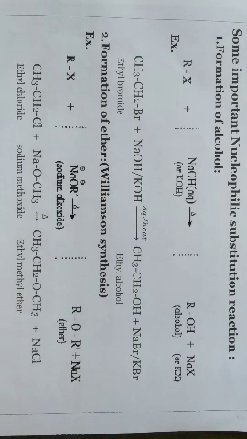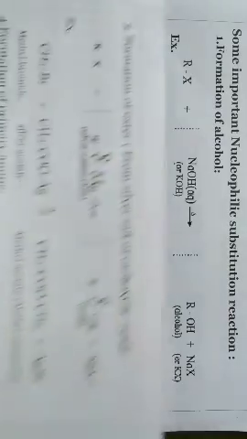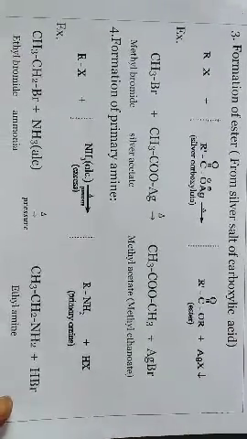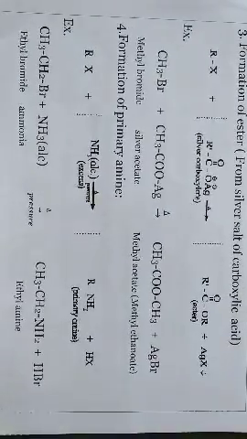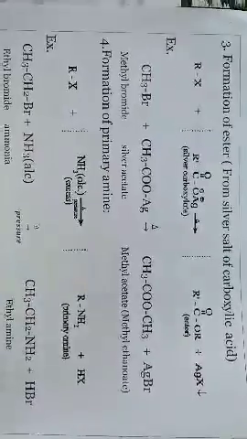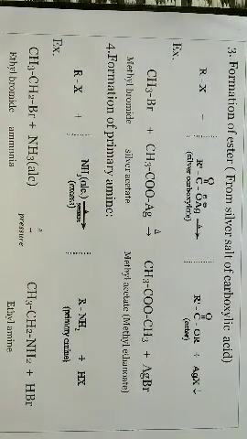Now the third reaction is the formation of esters. Esters are obtained from the silver salt of carboxylic acids. Here we can see one general example: RX reacts with RCOOAg, silver carboxylate, to give RCOOR plus AgX.